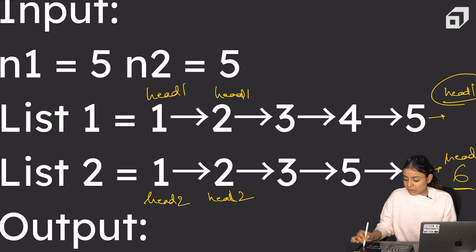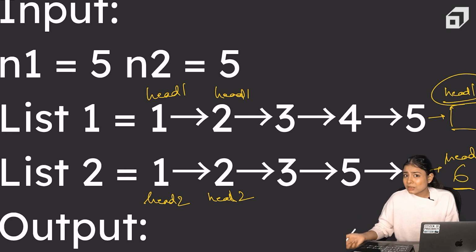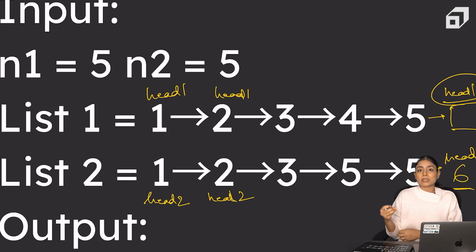At this point, of course, we cannot compare null and 6. So we'll just break the loop and we'll see that head 1 and head 2 are they both equal to null. So we'll keep traversing the two linked lists until one of the pointers becomes null, and in the end we'll also check that both of the pointers should be pointing to null at the end and not just one.